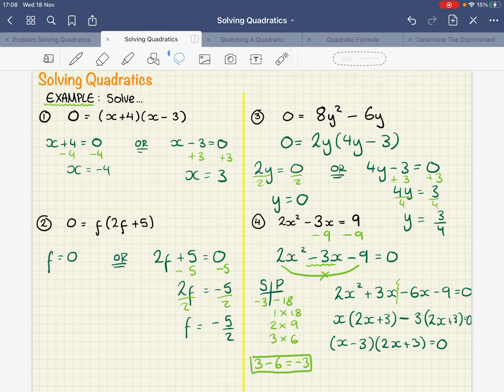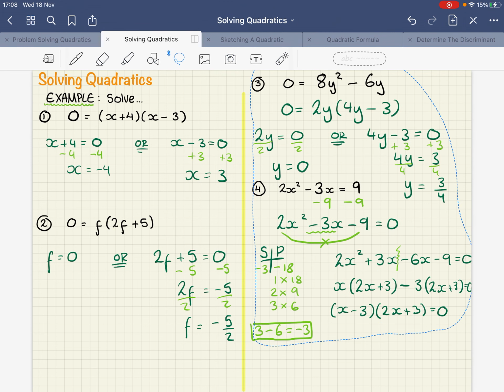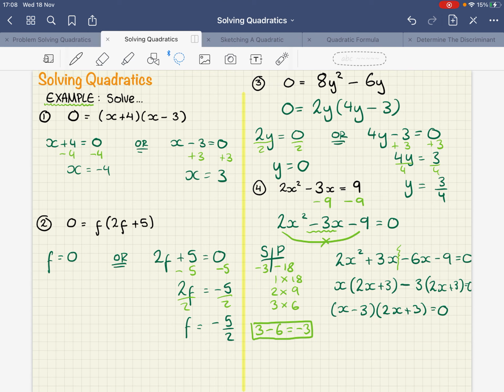So now I've factorized it, I can now solve it. And I'm just going to quickly move all this up a little bit just because I'm running out a bit of space at the bottom there. So let's just move that all up. There we go.